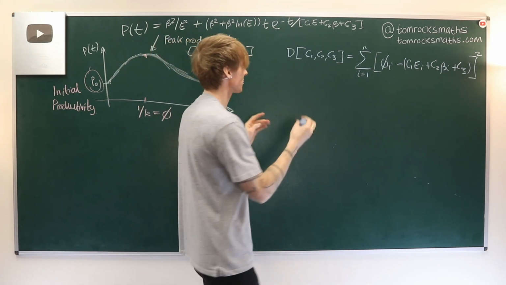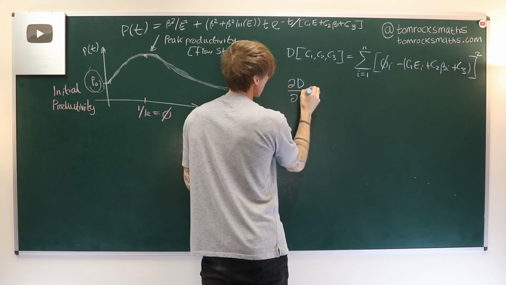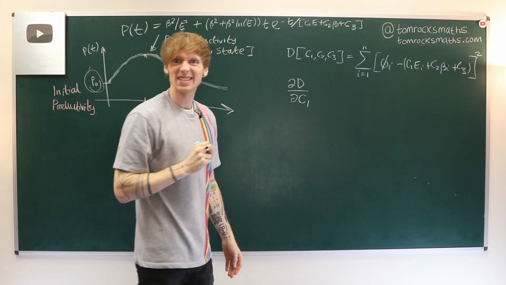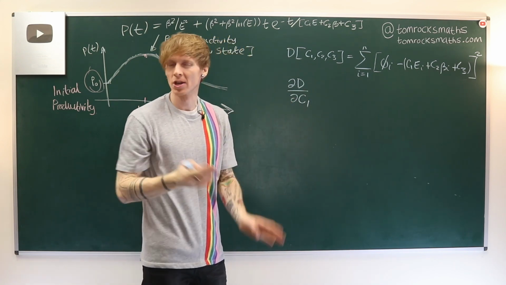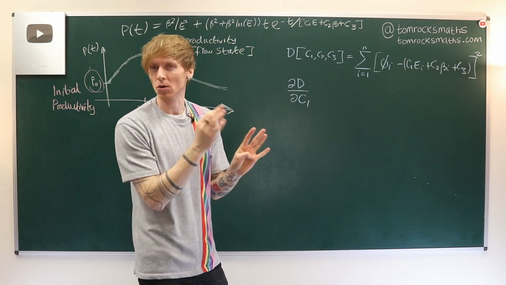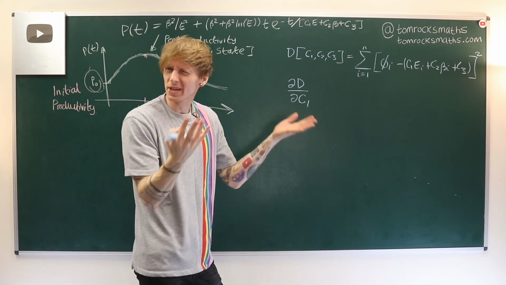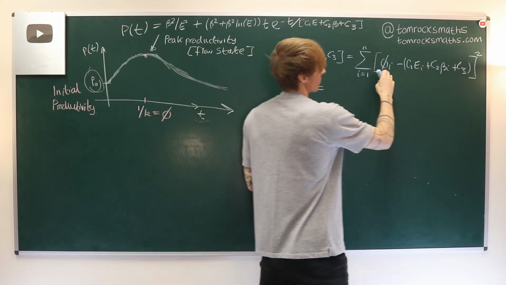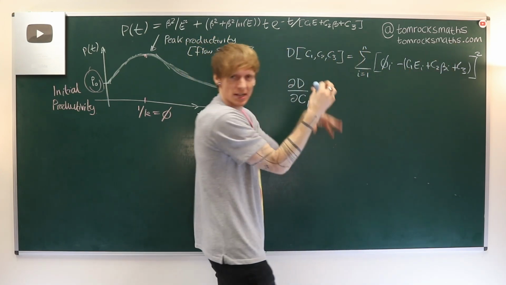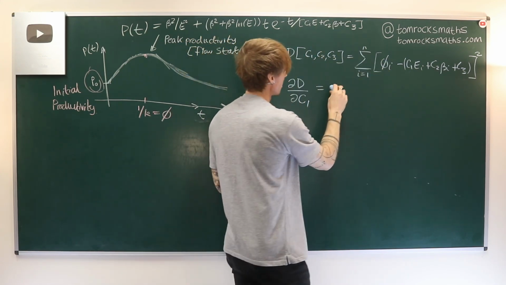So the first one will be, we want to differentiate with respect to C1. Now the sum here doesn't really do much, so we can ignore it as long as we're careful at the end. But for the differentiation at least, we can pretend it isn't there and say, well, I've got something in a bracket, my C1 is trapped within the square. So the 2 is going to come down.